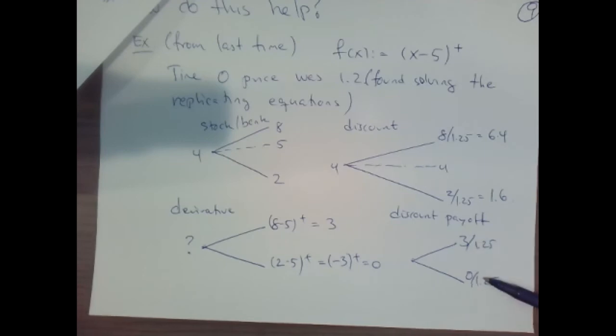Well, how many Arrow-Debreu securities should I be buying here? How would I replicate this payoff here using my 2 Arrow-Debreu securities?